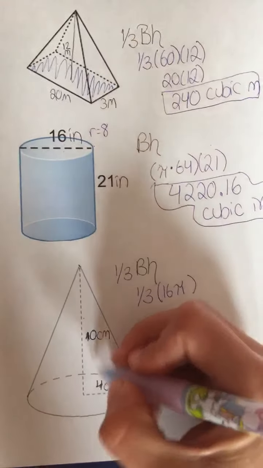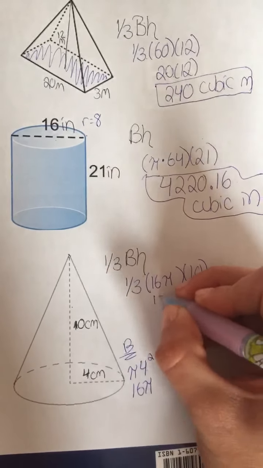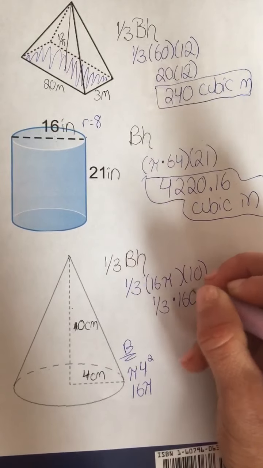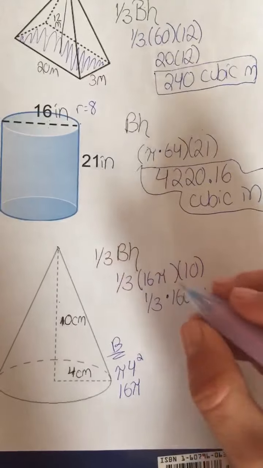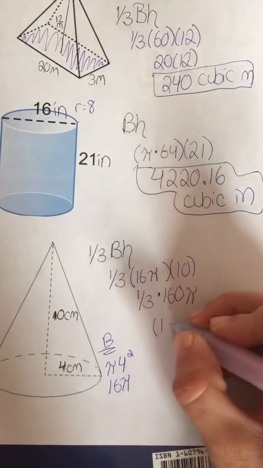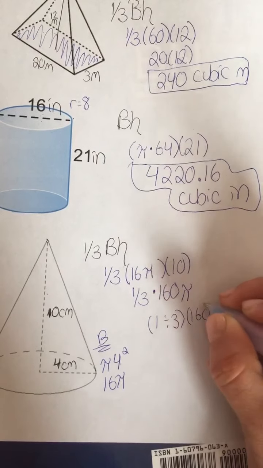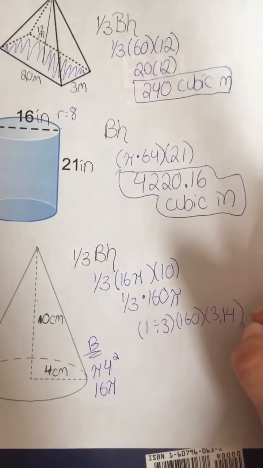And then the height is 10. So here you're going to have 1/3 of basically 160 pi, which you could put in your calculator by doing parenthesis 1 divided by 3, parenthesis 160 times 3.14. I'm just showing you different ways you could put it in the calculator.